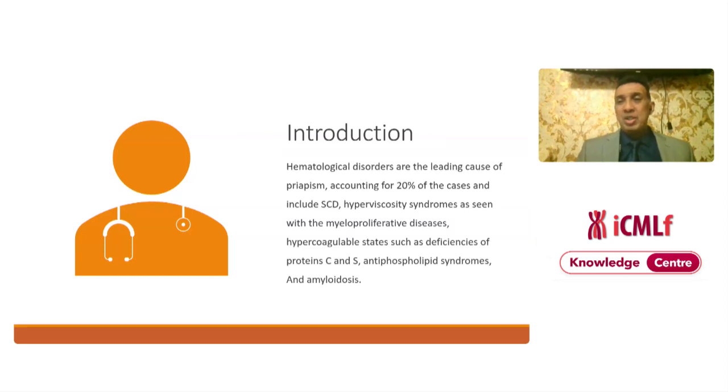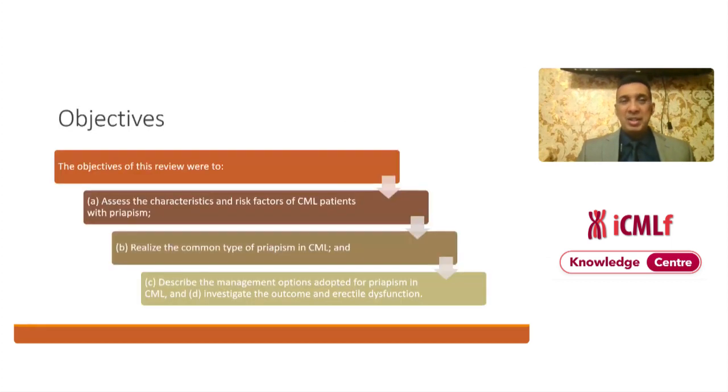Hematological disorders are a leading cause of priapism, accounting for 20% of cases, and this includes mainly sickle cell disease, hyperviscosity syndromes as seen with myeloproliferative neoplasms, hypercoagulable states such as deficiencies of protein C, protein S, antiphospholipid syndromes, and amyloidosis. And we have included chronic myeloid leukemia.